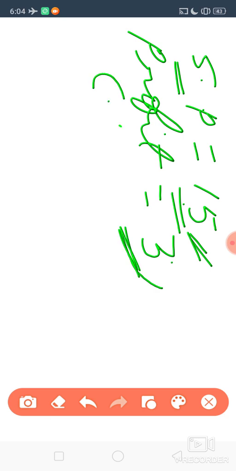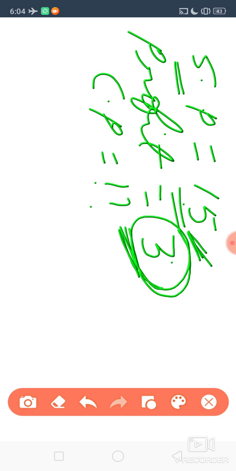So for how much are you buying this pen? If you are selling for 15 rupees and after selling you are getting 3 rupees profit, 3 rupees profit means 3 rupees extra. So for how much money did you buy?